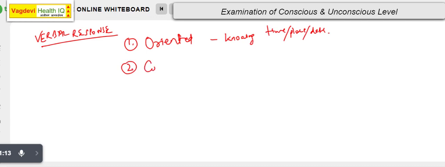Second is confused. You would have seen patients being confused. Usually they will be talking some sense, in terms of sentences. They will tell you that they had this breakfast, they like this kind of food, or this kind of book, or that the capital of India is Delhi.